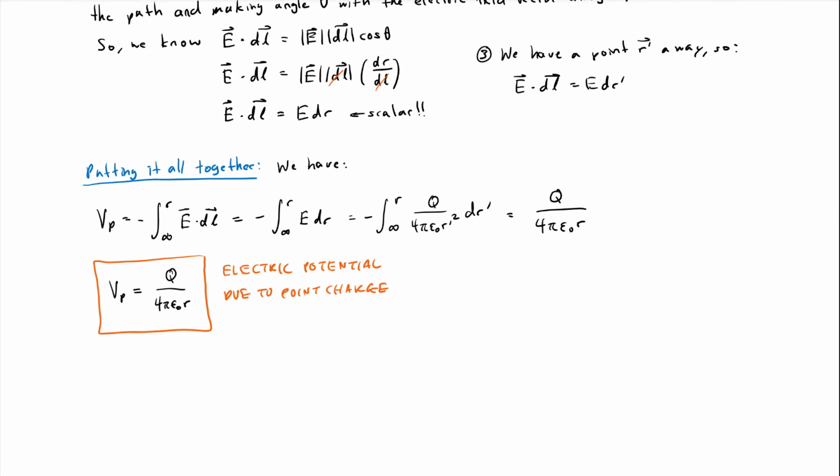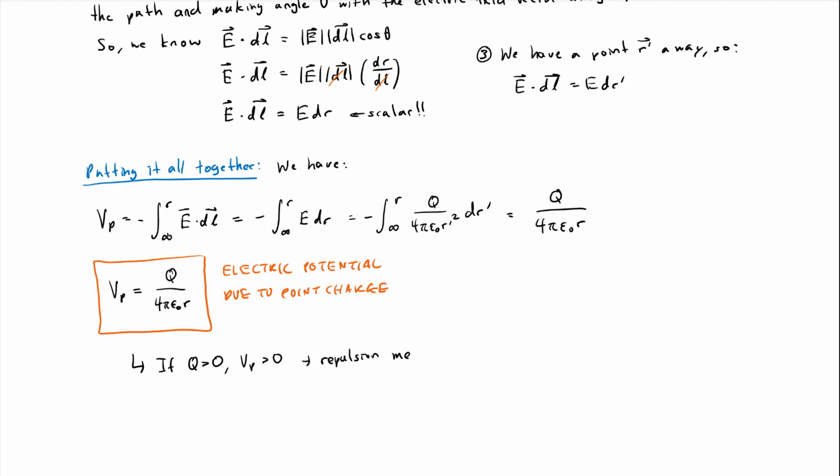Now let's take a closer look at this and see if this makes sense and what kind of information we can get from this. So if we have a positive charge, this implies that our electric potential is going to be positive as well, which means if I'm bringing a positive test charge towards a positive charge, it's going to be repelled, and that means I'm going to do positive work.